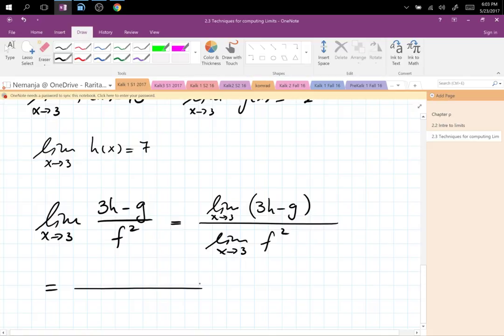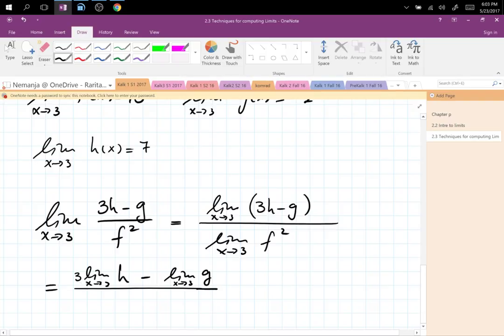So that's further equal to 3 times the limit as x goes to 3 of h minus the limit of g, when we use rule number 2 for subtraction.